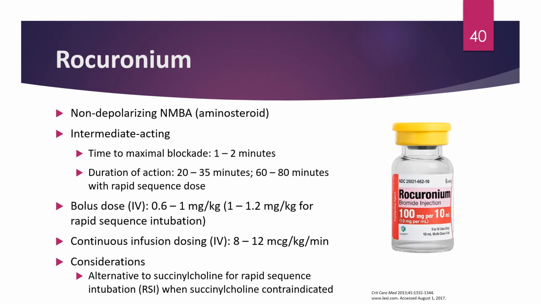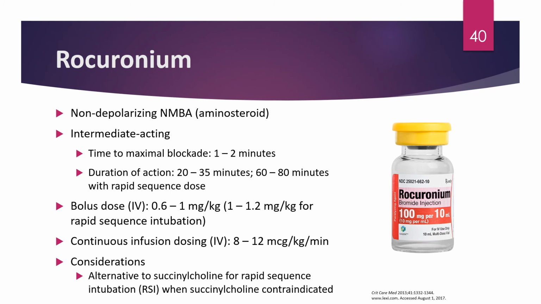Rocuronium is the next paralytic agent we'll talk about. It is non-depolarizing, therefore you do not necessarily generate an action potential as it's being given. As a result, you don't have to worry about hyperkalemia or end-stage renal disease as much for this agent.